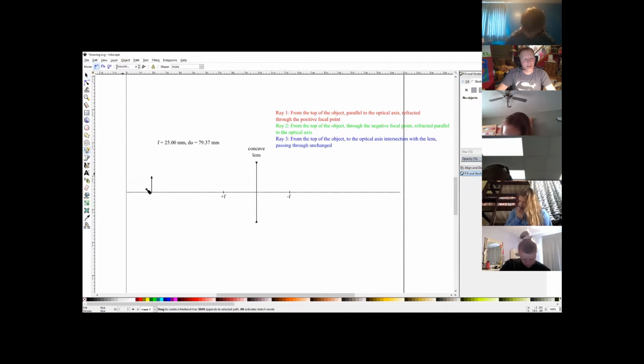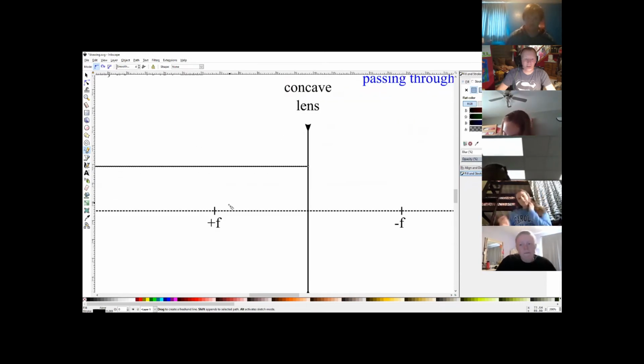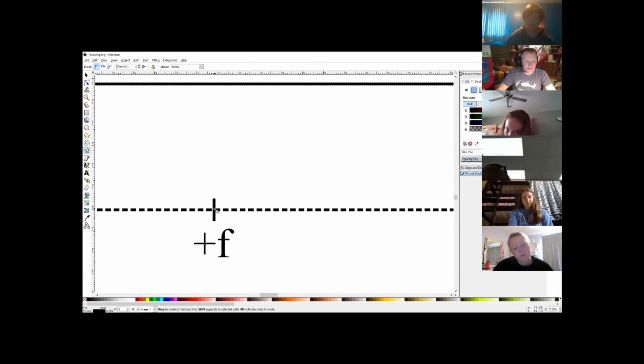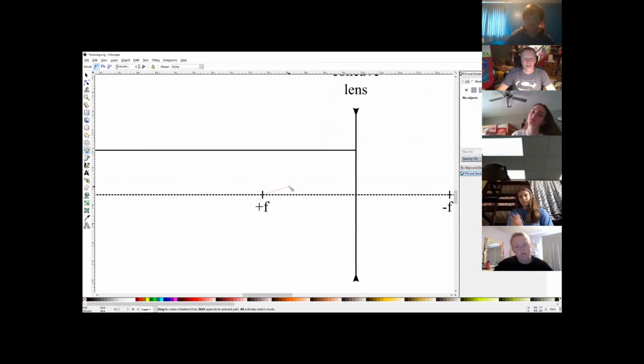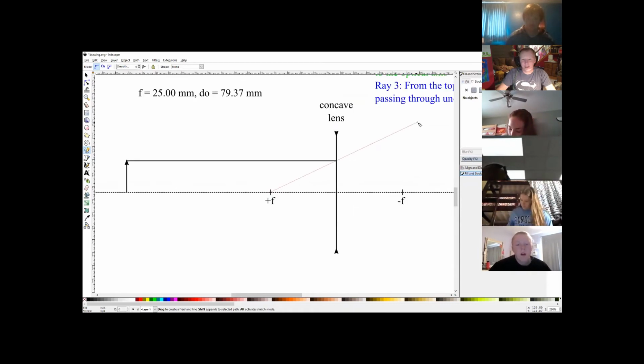So our first ray goes parallel. Now, this is a diverging ray. It doesn't go through the negative, it actually goes through the positive, but of course we know that it doesn't reflect there. So this is a trick that we say, we go in and we say, from the positive focal point and then through where it intersects at the mirror, or at the lens.